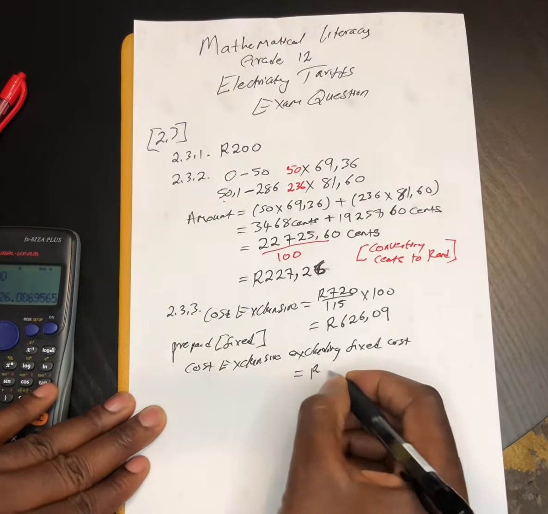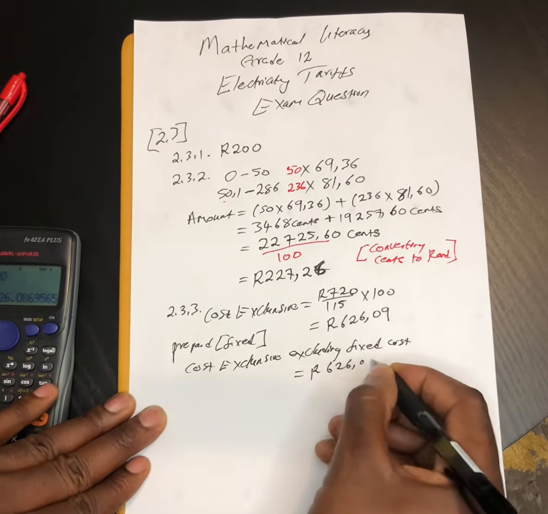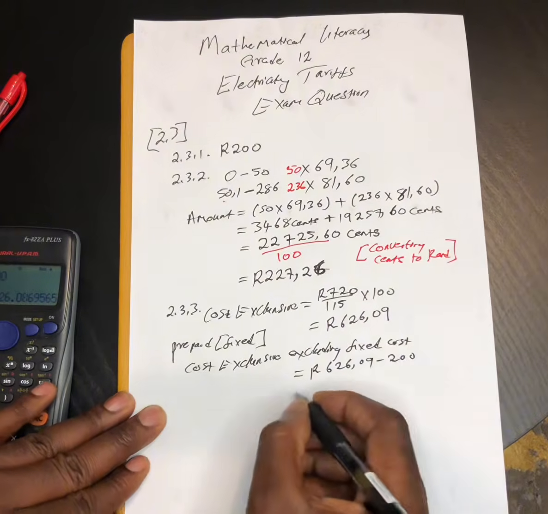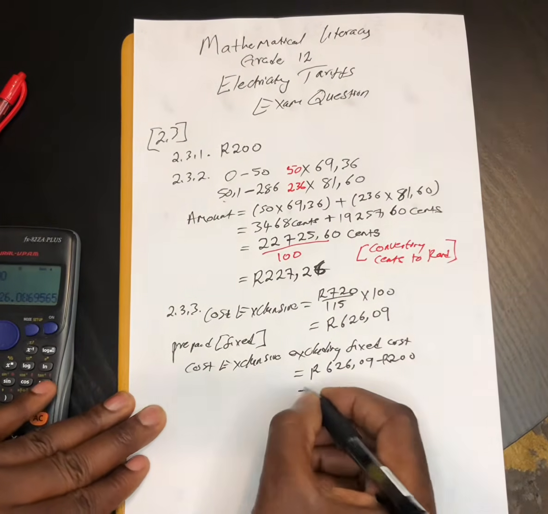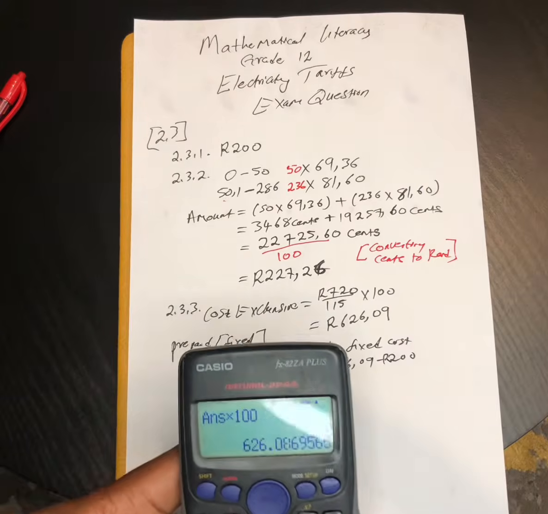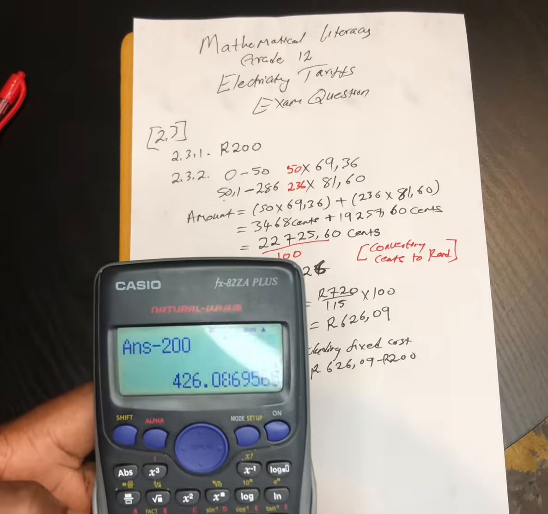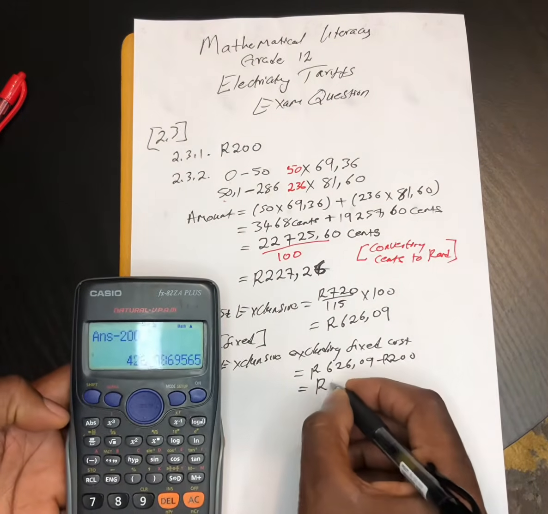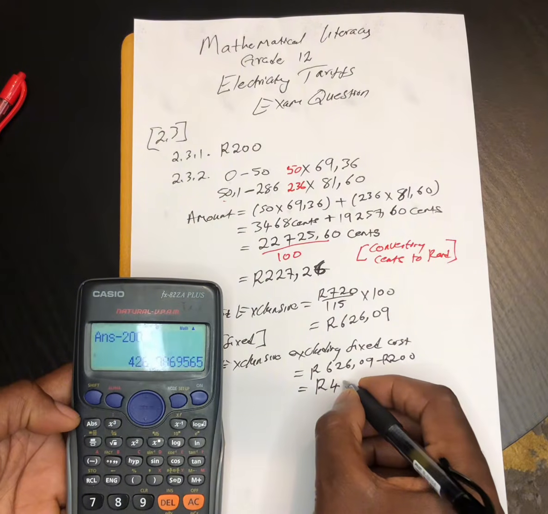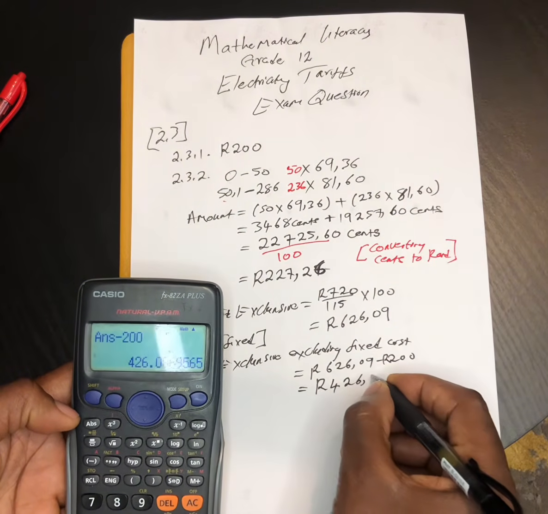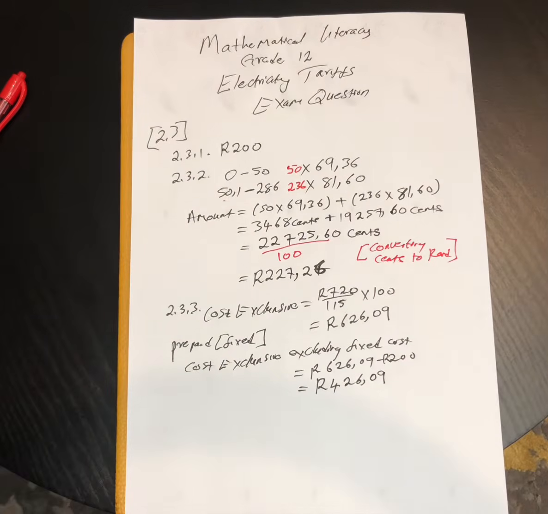Now we're just gonna say 626,09 minus 200, because the fixed cost is 200. Now we find that the amount that they will use for electricity is 426 and 9 cents. This is in rands.